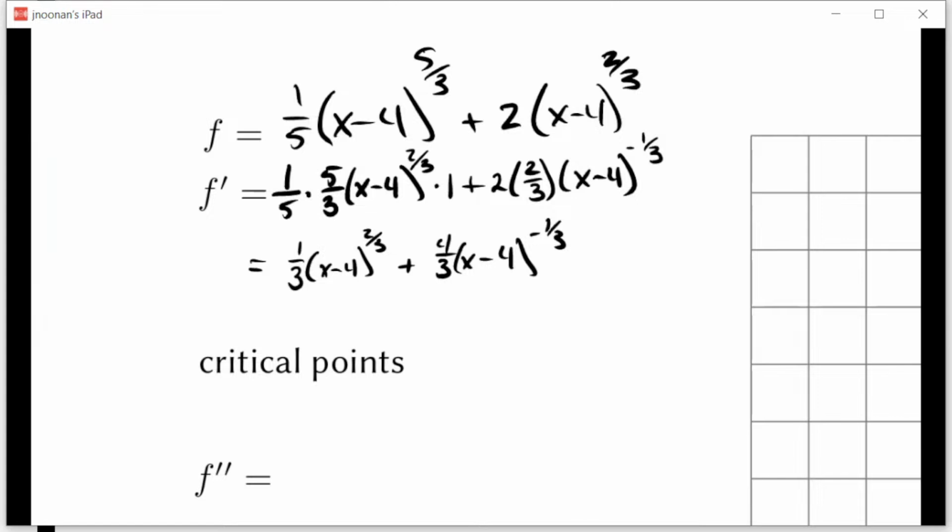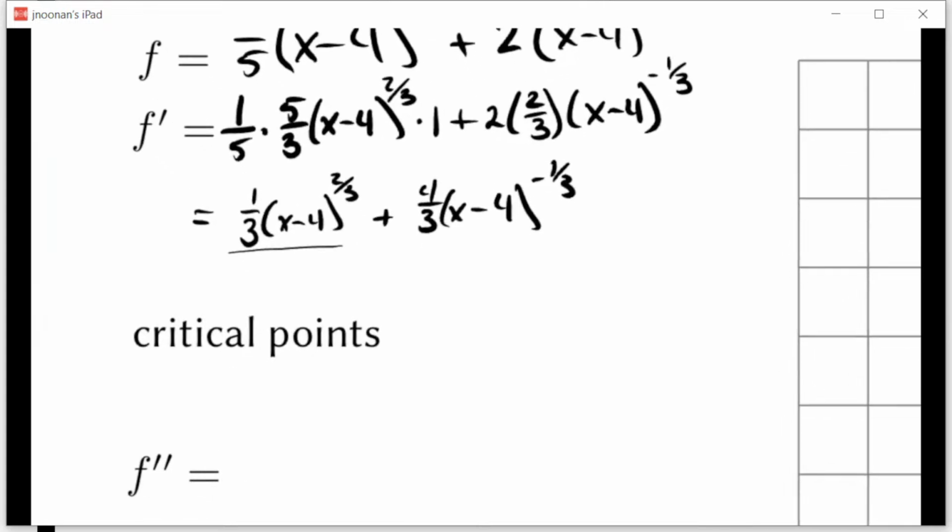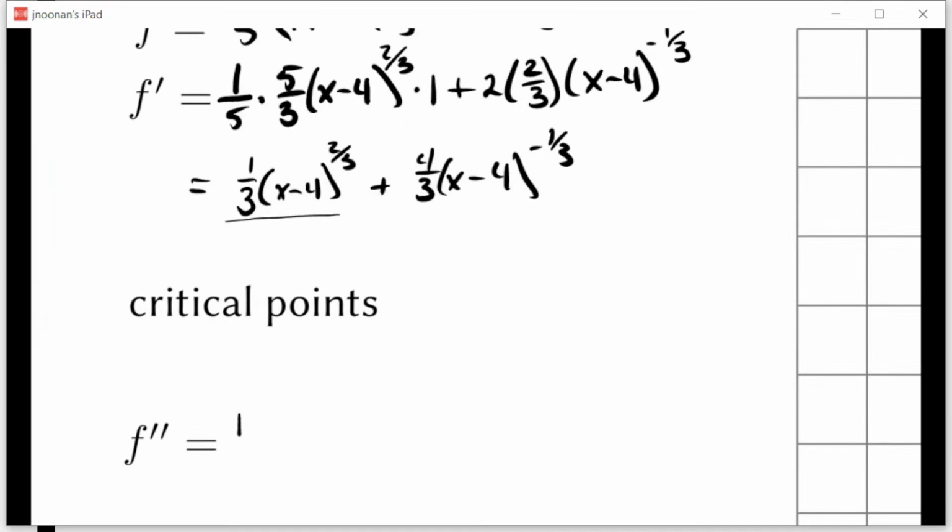What do you think? Second derivative. Talk me through this first piece, the 1/3 (x minus 4) to the 2/3. What's the derivative of that? 2/3, 1/3 on 2, (x minus 4) to the negative 1/3. Very good. And then, of course, we multiply by 1 because of the chain rule, but that just gets lost in the shuffle there. Very nice.